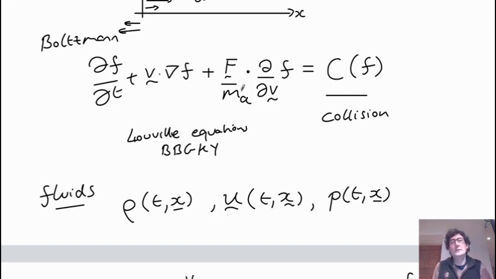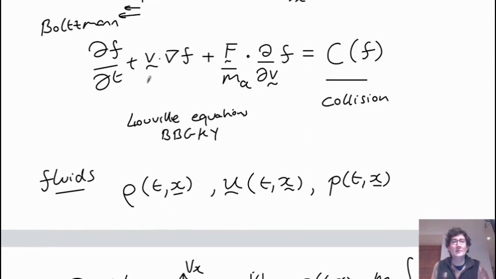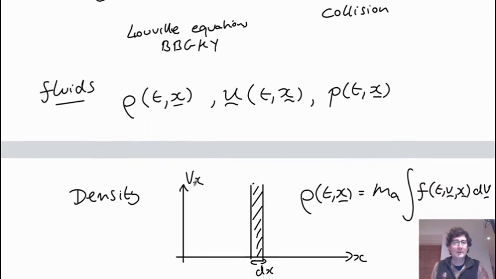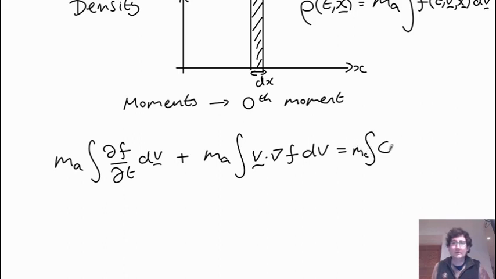Later on we'll introduce things like electromagnetic forces, and then this will come in. But for now I just want to concentrate on this term and the collision terms and see how they behave. So we have plus an integral of this v dot grad f, ignoring the forces for now, and then the integral of c, the collision term.